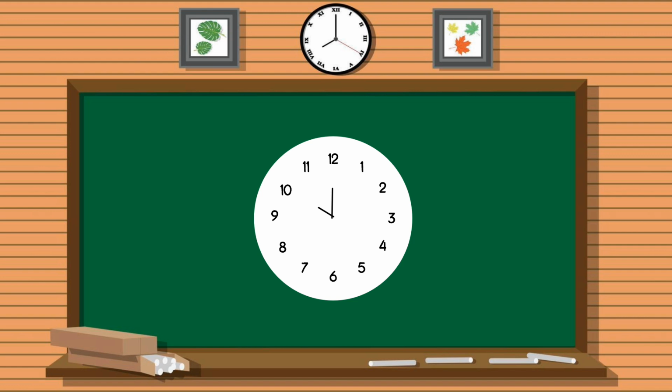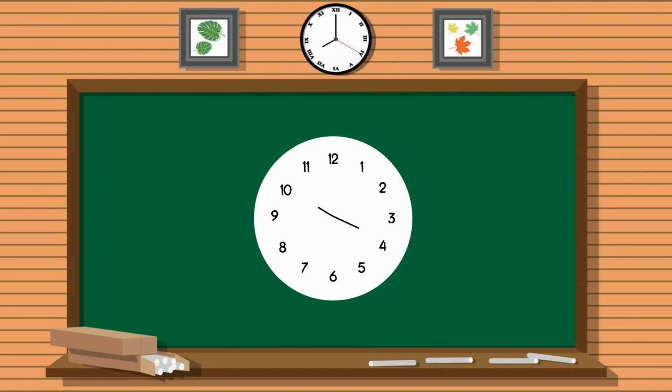Very good! Now, let's try an example. Look at the clock. If the long hand is pointing at the 4, we count 5, 10, 15, 20. That means it's 20 minutes.